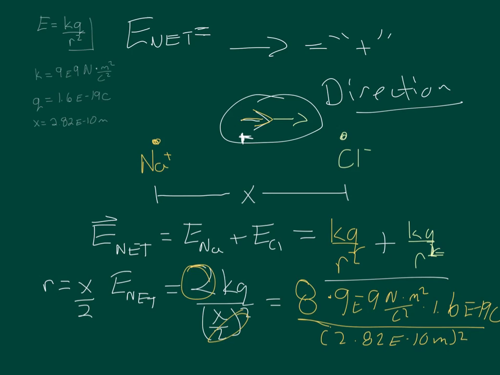Okay, so what this is going to end up looking like then for E net is 1.4486, I'm going to carry out lots of decimal places here, times 10 to the 11th, oh, hold on, 10 to the 11th newtons per coulomb.